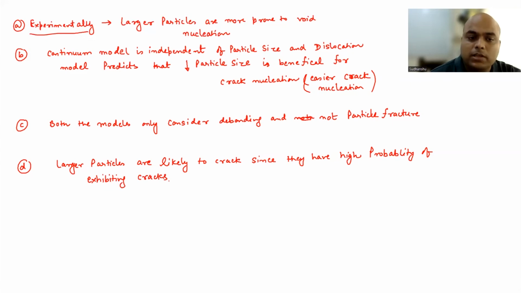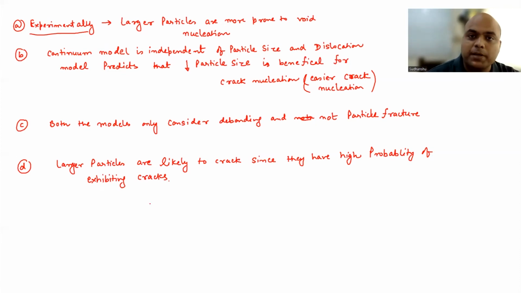Okay, so if your particle size is larger, the probability is higher to have a Griffith crack there, right? And if you compare, we have discussed Leonardo da Vinci's first experiment. The larger the length of the wire, the higher the probability of fracture, right? The strength was going down in Leonardo da Vinci's first experiment. We discussed that in one of the lectures. Okay. So if you have larger particle size, there is more probability of finding the Griffith crack. And that's what you see experimentally, that larger particles are more prone to void nucleation rather than the smaller particles.